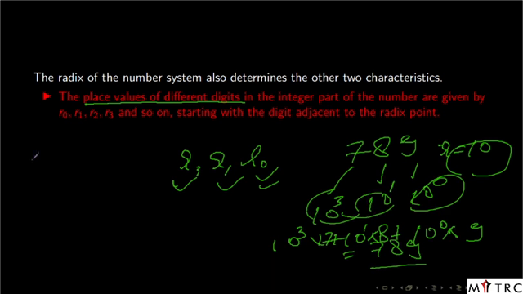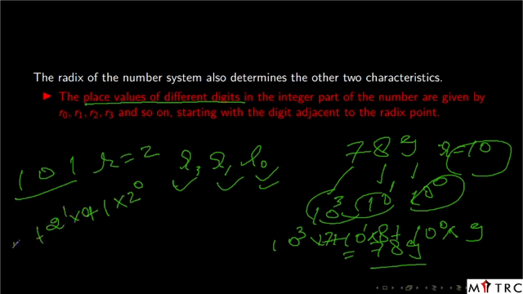Similarly, for a binary number, for example 101, R is equal to 2. So what will be the place value? 1 into 2 to the power 0, plus 2 to the power 1 into 0, plus 2 to the power 2 into 1.